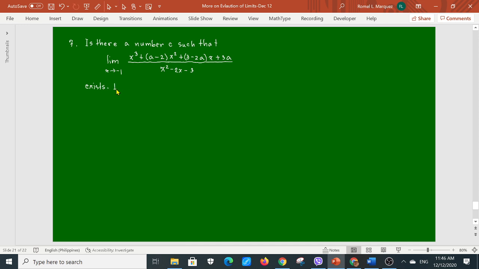If so, find the value of, sorry, this is supposedly a, no?